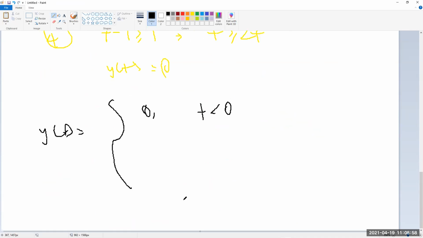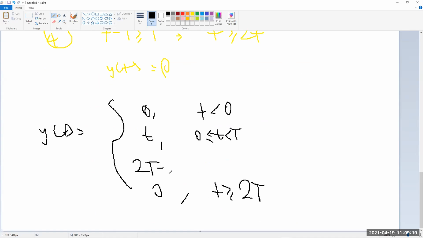It's again 0 when t is greater than or equal to 2T. It's t when it's in this range, and it's 2T minus t when it's in this range.